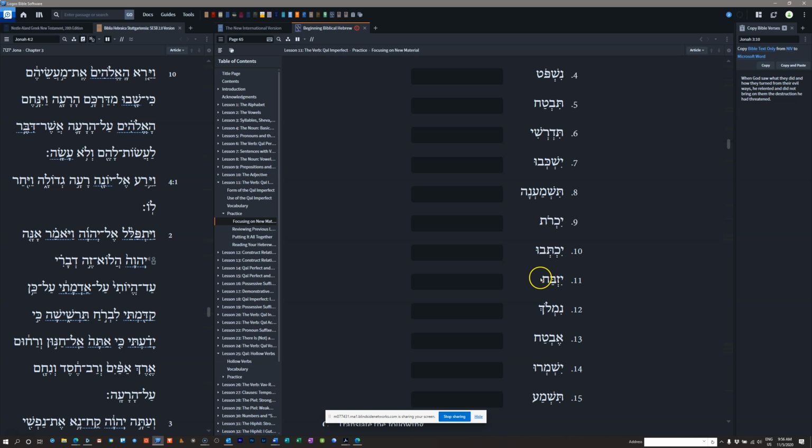The reason for this is that guttural letters have a very strong preference for A-class vowels, particularly the patach. They also have something of a preference for segols, especially the het, but here it prefers the patach rather than the holem. So that's where we get yizbach instead of yizboch.